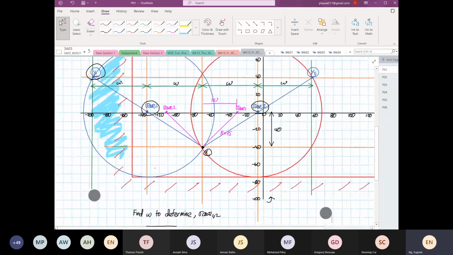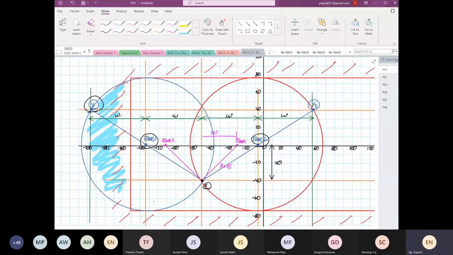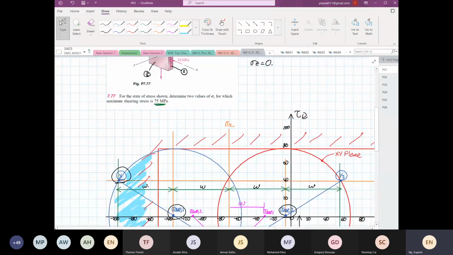This is our circle for the XY plane, and it's within the operating boundary. Why? Because if you look at the question, it has to satisfy the 75 megapascal. It has to meet the criteria.